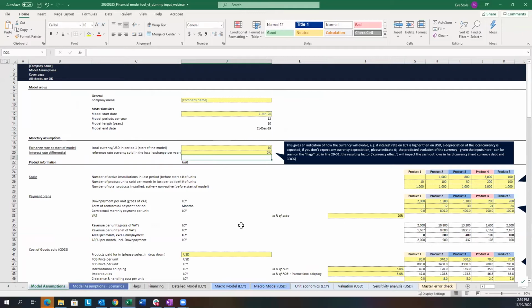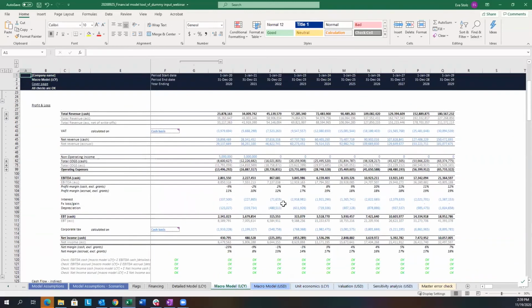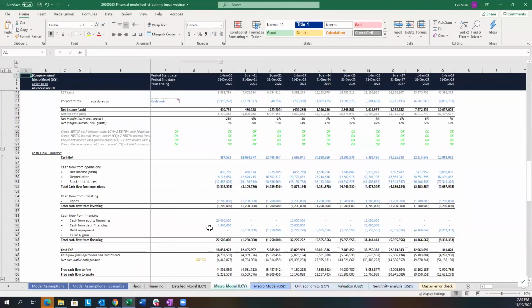So say, again, we don't assume any depreciation in the currency. And then you can see in the cash flow that we have to pay back 1.25 million in local currency in both 21 and 22, then 2.8 and then 5.6 million.